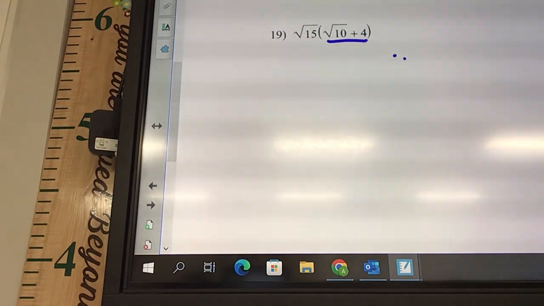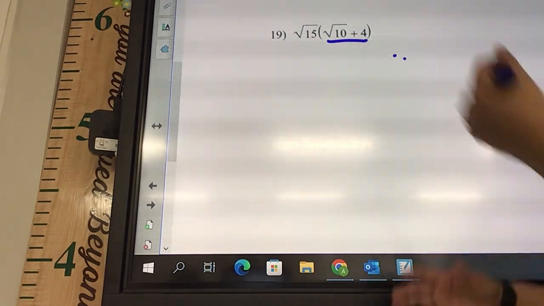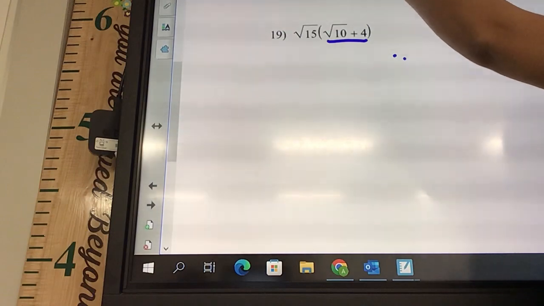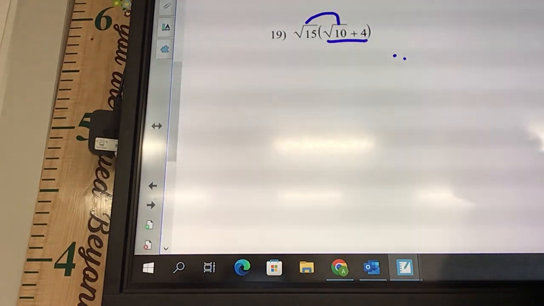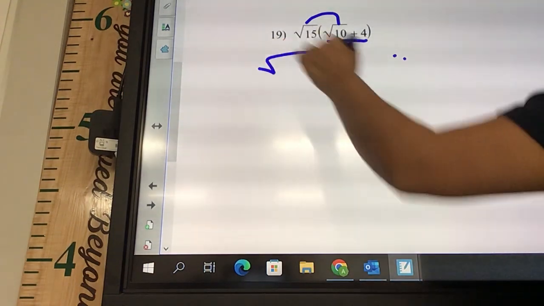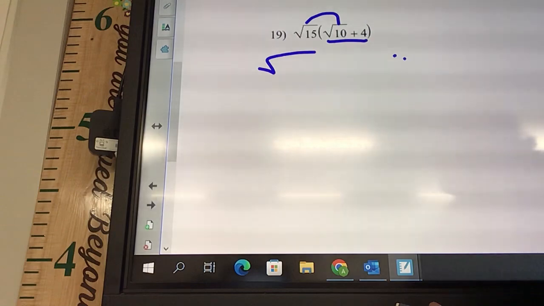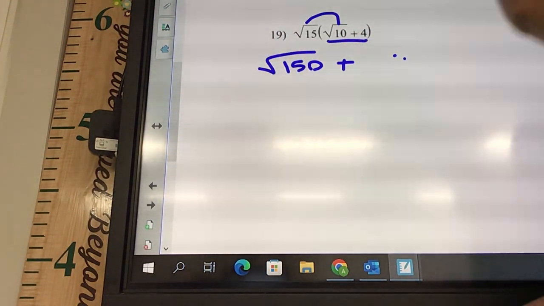Okay, and we already know that as long as the indexes are the same, okay, you can multiply the stuff together. So these ones you're going to say 15 times 10. 150 plus, because there's a plus sign.